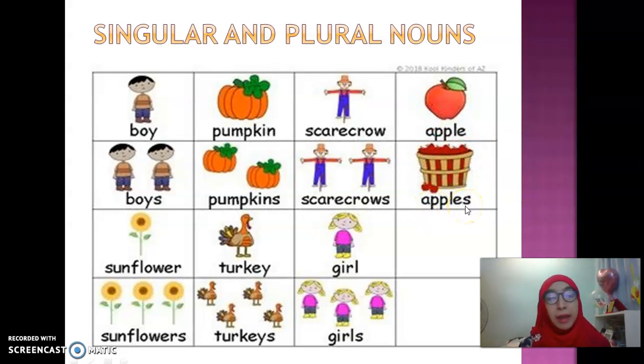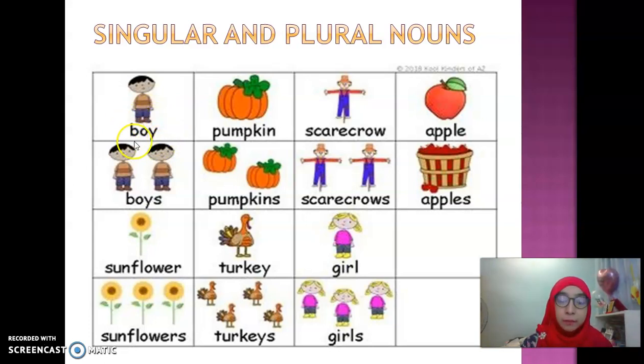So if you can see the pattern here, when you do your reading exercise, writing exercise later, one way to know if the noun is singular, one, or plural, many, is to see if the noun has an S at the end.